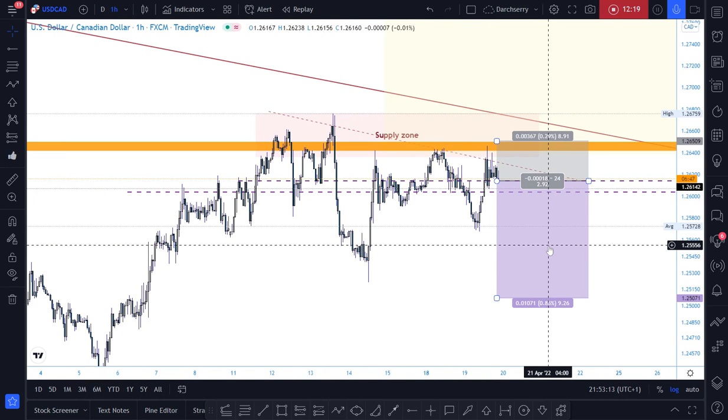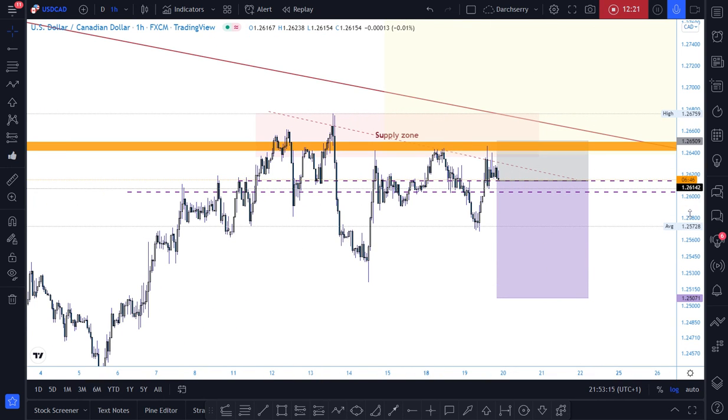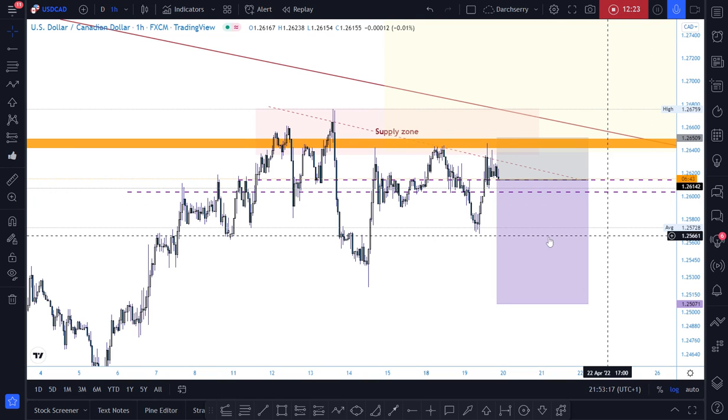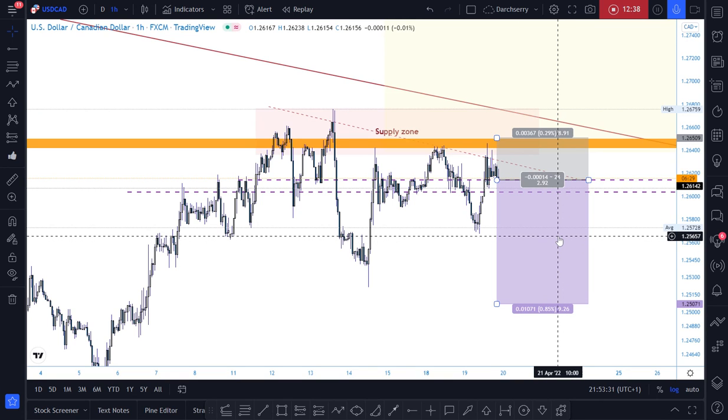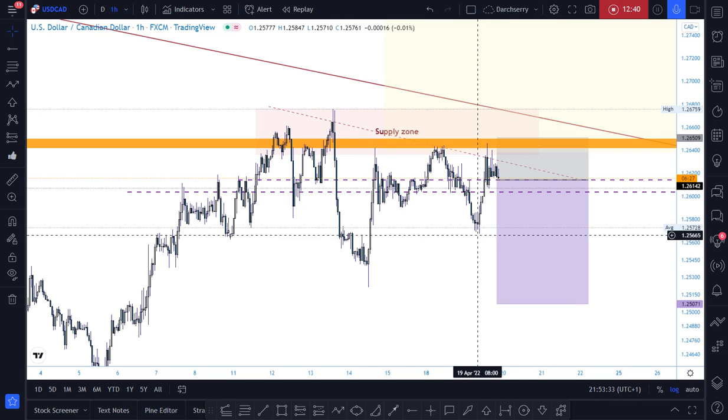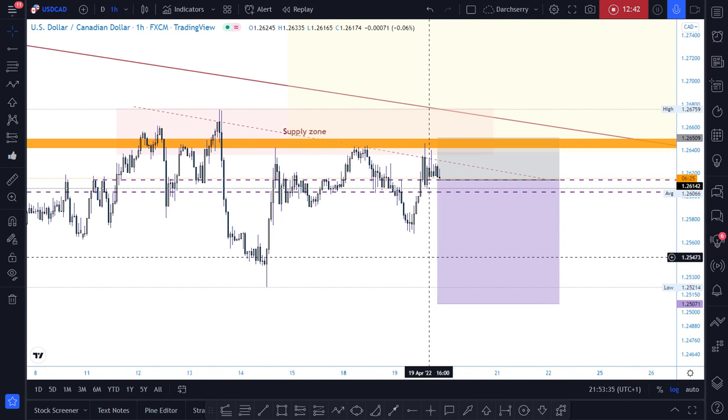And if we look at the way the oil price has been moving lately, we notice that the Canadian dollar is very relative to the oil commodity market. So we might be looking at a potential rise in the Canadian dollar in the next couple of days.